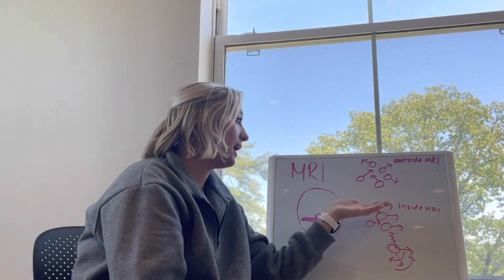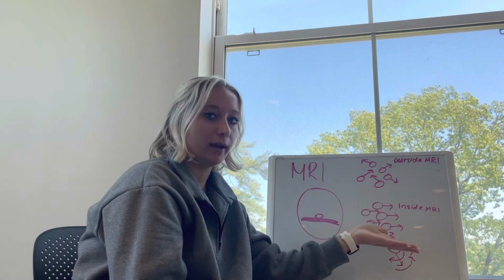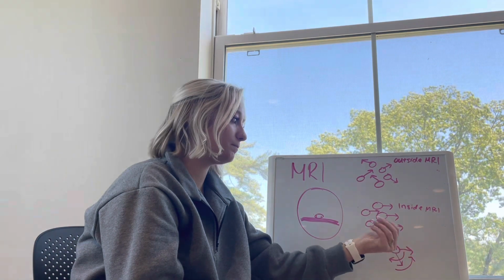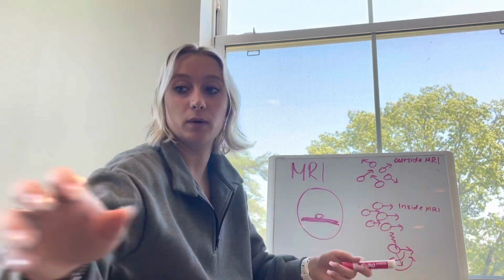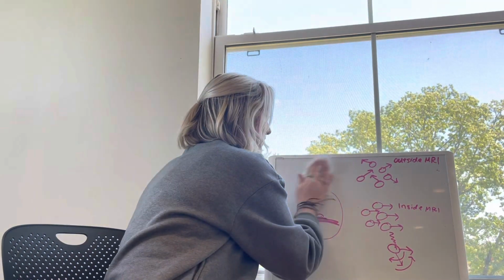You can see it's completely different and not looking how it's supposed to be. So you can see if someone's going into heart failure. There's another one, there's a bunch actually. So that's an MRI.